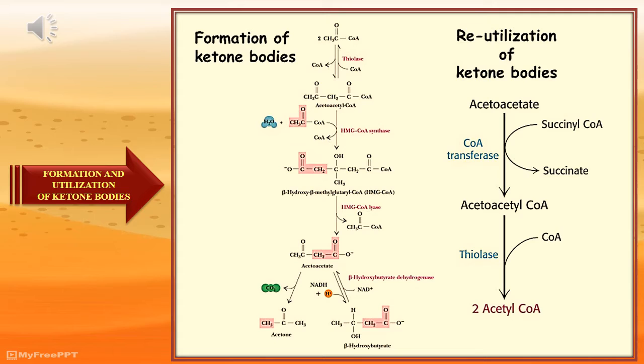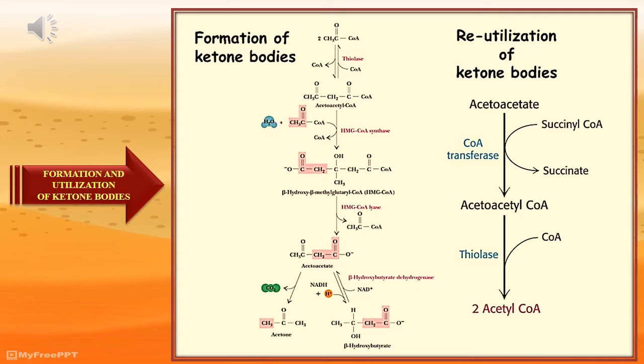Beta-hydroxybutyrate and acetoacetate are involved in utilization of ketone bodies by the body, where beta-hydroxybutyrate is converted to acetoacetate with the enzyme beta-hydroxybutyrate dehydrogenase.